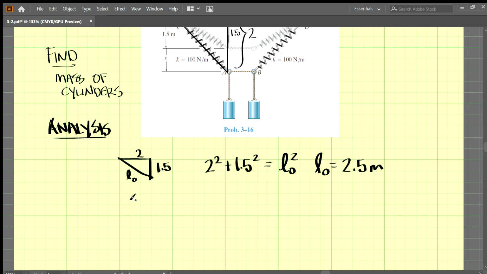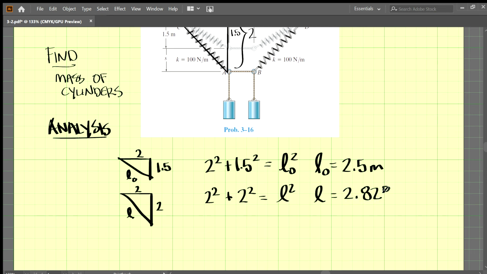And then in the stretch condition, we have this leg being 2, and this leg still remains 2, and this is the length of our stretch position, L. To figure out L, we use the Pythagorean theorem again: 2 squared plus 2 squared equals L squared, so L is equal to 2.8284 meters.